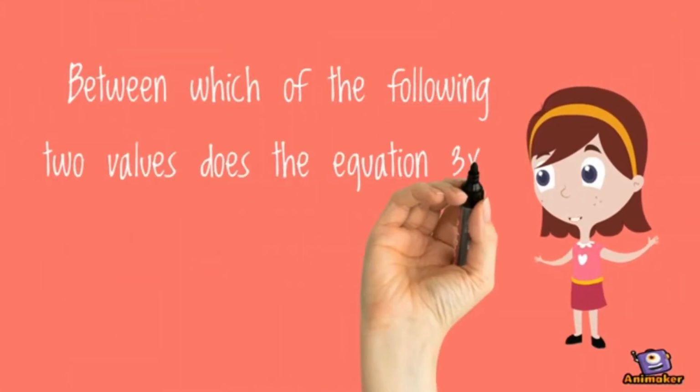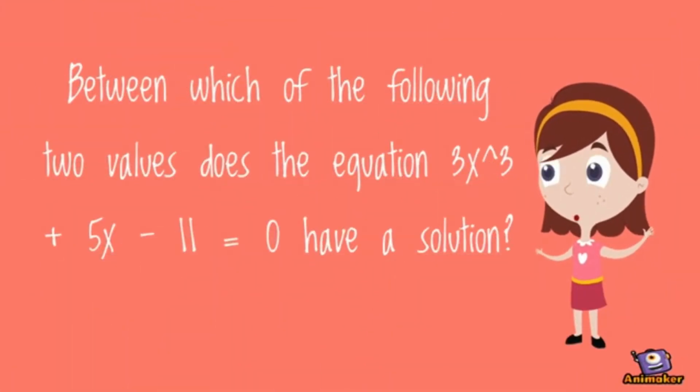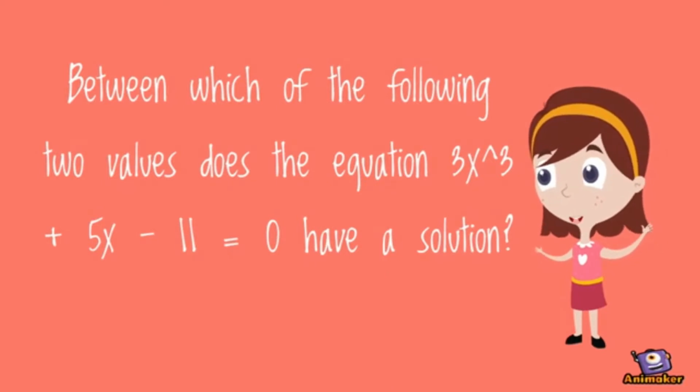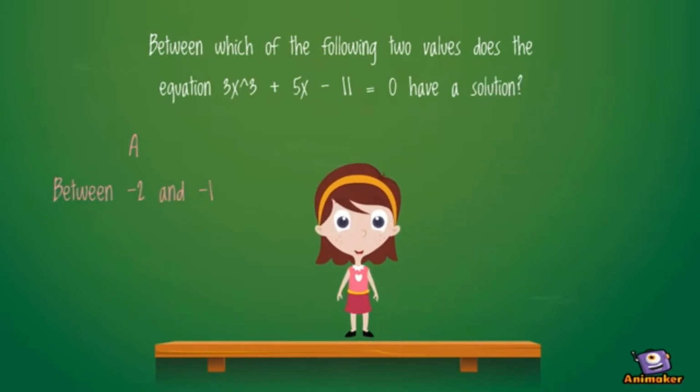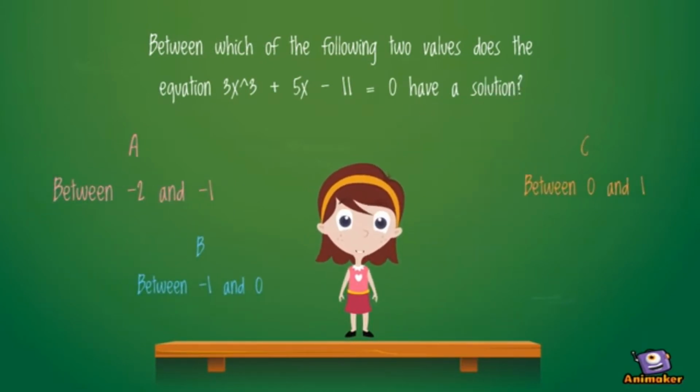Between which of the following two values does the equation 3x cubed plus 5x minus 11 have a solution? A. Between negative 2 and negative 1. B. Between negative 1 and 0. C. Between 0 and 1. Or D. Between 1 and 2.